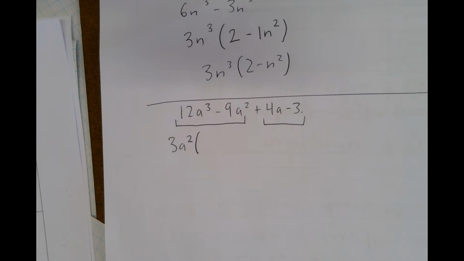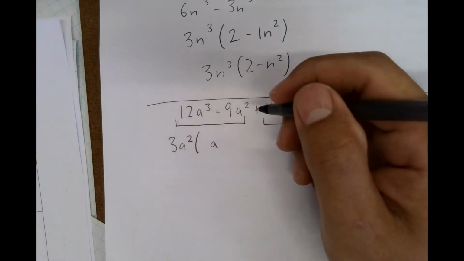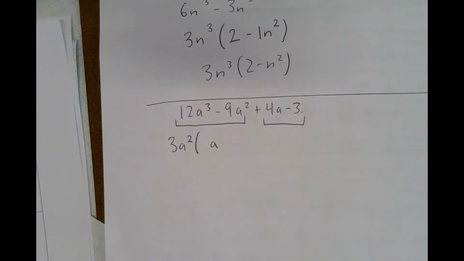A. There is an a. What else is there? A to the third. So if you're taking out a squared, how much is left? Just one a, right? But what else is left? Oh, minus 9a to the... Wait. Oh, my bad.